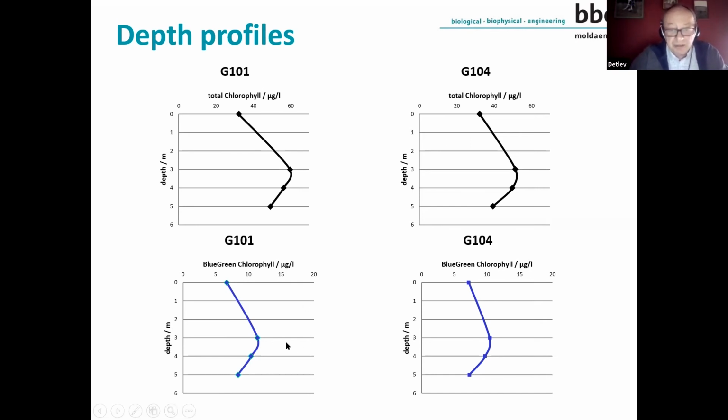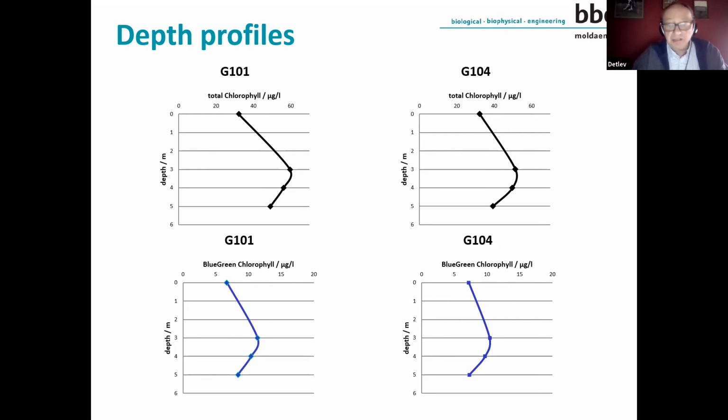So it was very informative to see in this graph this maximum at 2 different places. That means that when you measure at the surface, you may miss some of these blue-green algae, and therefore it could be helpful to also perform a depth profile.